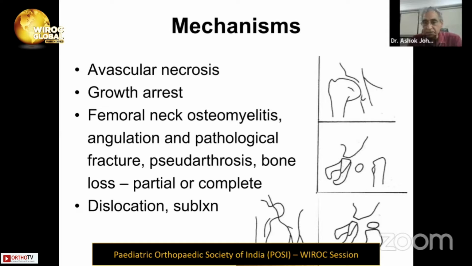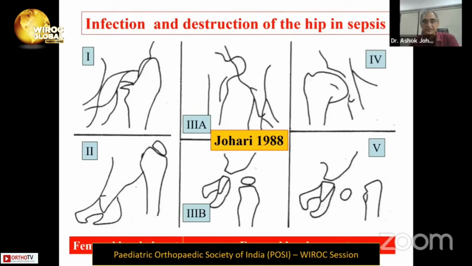It can give rise to pseudarthrosis, bone loss, which is partial or complete. And then there could be, because of effusion in the joint, a joint dislocation, so dislocated hip or a subluxated hip. And this pathomechanism actually forms the basis of my classification for septic arthritis sequelae.